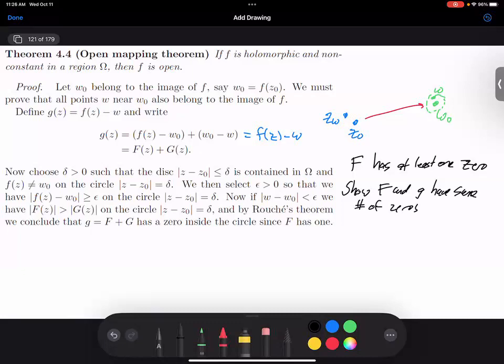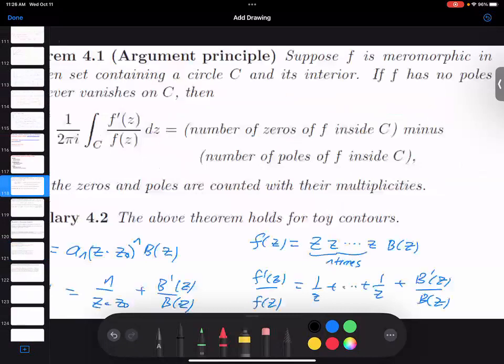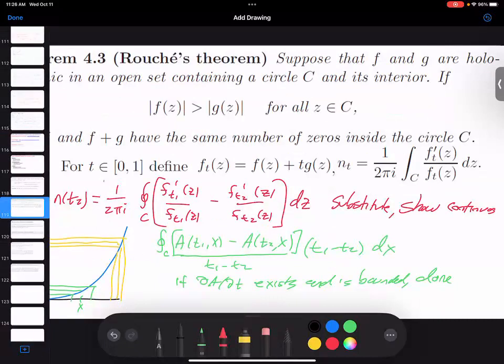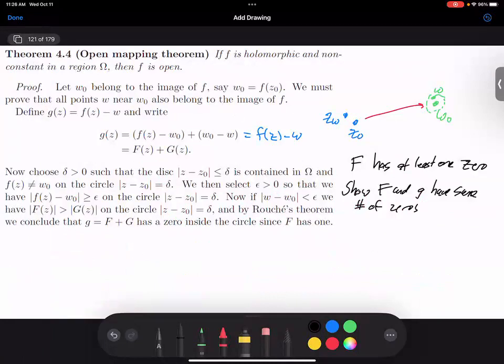And so again, what we had before was if the absolute value of F is greater than the absolute value of G, then F and F plus G have the same number of zeros.